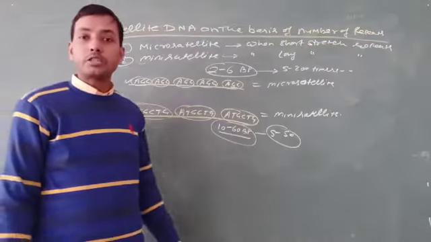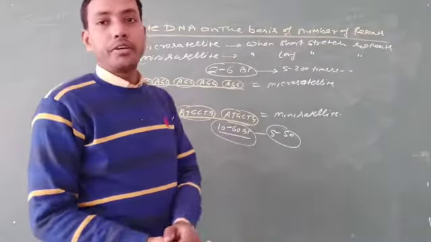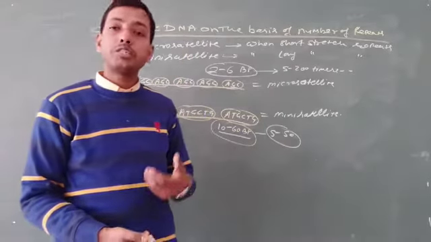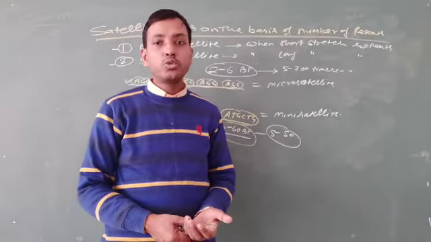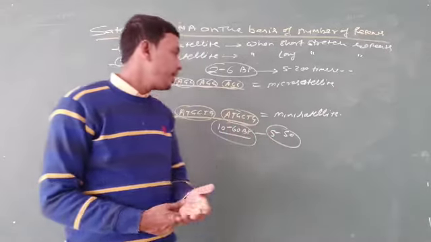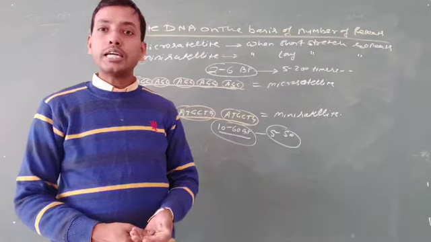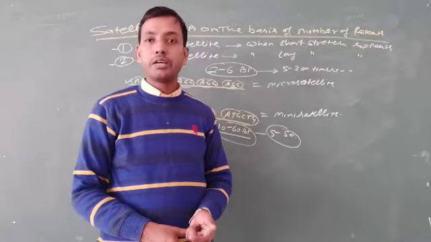That mini satellites actually gives the clue for DNA fingerprinting. So basically, which part of 0.1%, which part of satellite DNA are used in the DNA fingerprinting? The mini satellites. The mini satellites actually used for the DNA fingerprinting.